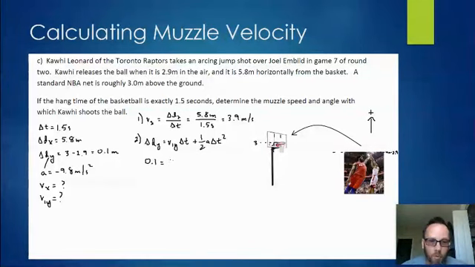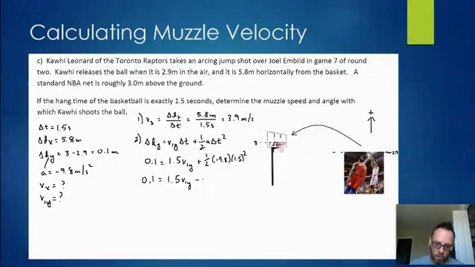Delta t was 1.5. So we have 1.5 times V1y, and then plus 1/2 times negative 9.8 times 1.5 squared. So I'll just do things in a couple steps here. So that's 1.5 V1y, and we'll have 4.9 times 1.5 squared, so minus 11.025.